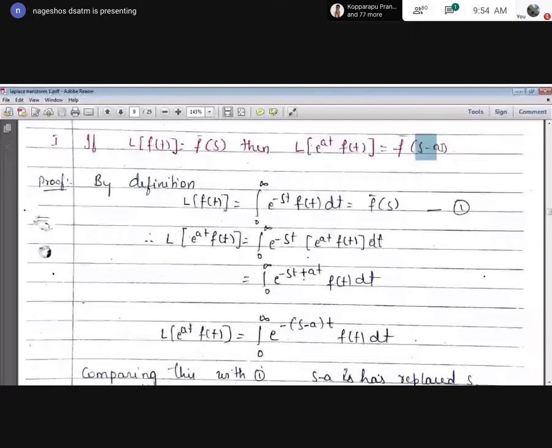That is the property. If e power at is multiplied, then substitute s by s minus a.